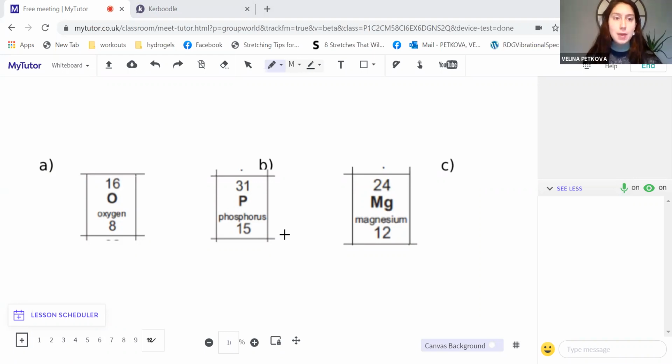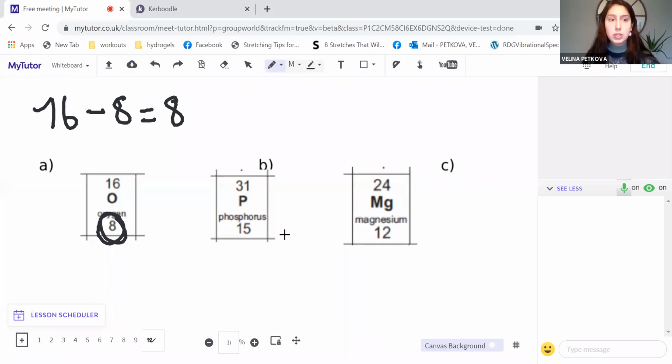So we've got 8 protons and 8 electrons, as this number tells us. And how many neutrons do we have then? Yeah, brilliant. 8 neutrons, because we do 16 take away 8, which is equal to 8, because this is the mass number, which is the number of protons plus neutrons, and this is your number of protons.